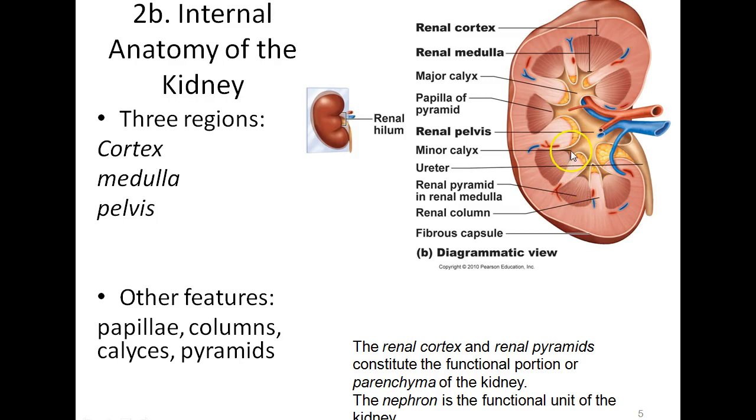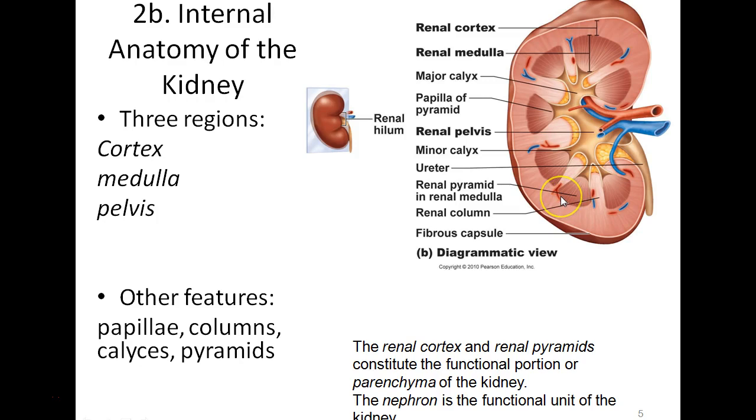And then we have minor calyx and major calyx. In other words, a small space to collect that urine, and it dumps into a larger space to collect that urine. So in general, the renal cortex, this outer region, and the renal pyramids as well, constitute the functional portion of the parenchyma of the kidney.